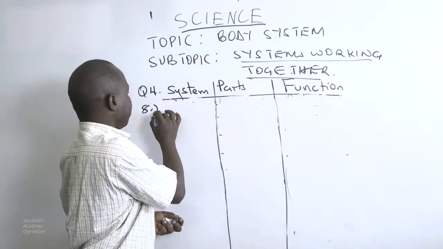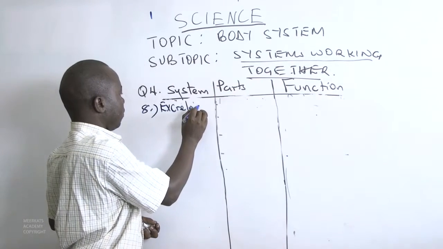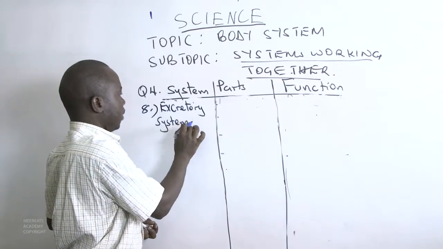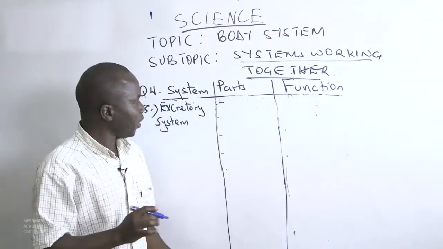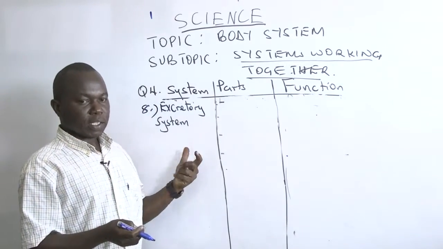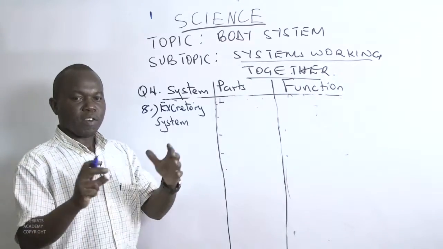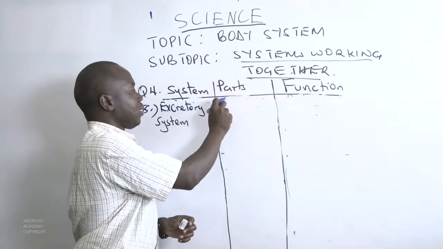System number 8, excretory system. You can remember the major components of the excretory system. We said excretion in the mammals, for instance, is achieved by very many other organs, but the major one is the kidney.